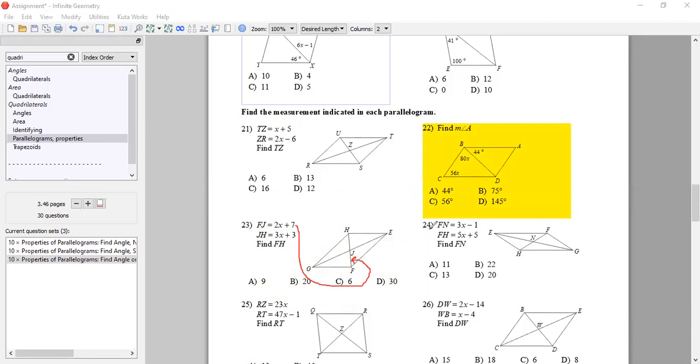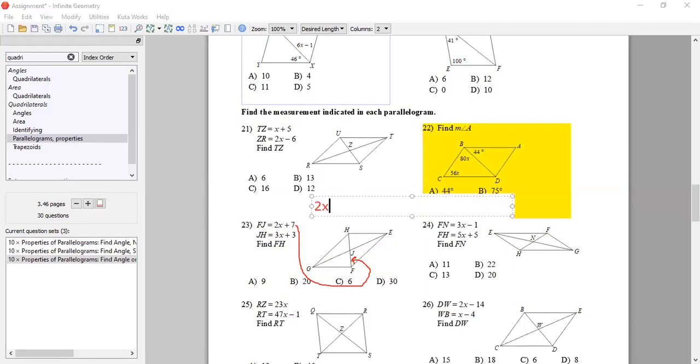That's 2x plus 7. JH is 3x plus 3. And we're trying to find FH. What do you know about the diagonal of a parallelogram? They bisect one another. Therefore, those are the exact same length.